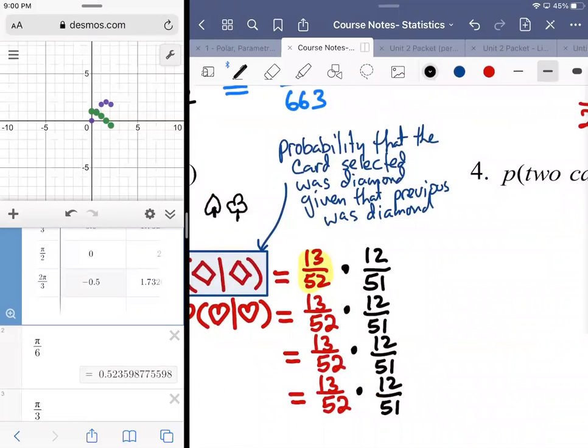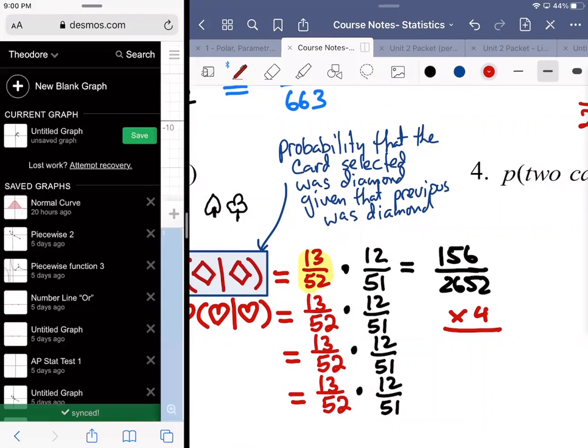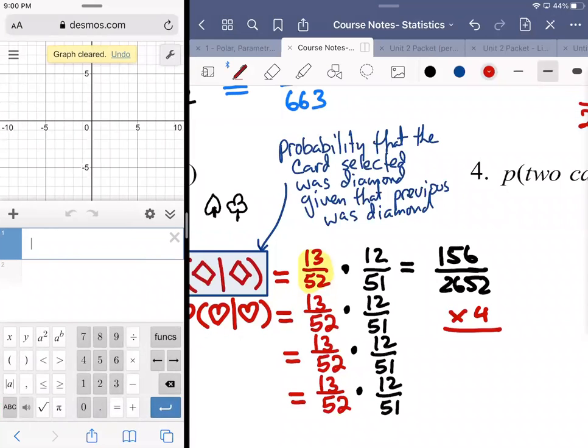Multiplying across the top, we'd be looking at 156 over 2652. And again, there's 4 of them, so I would take that and multiply it by 4. Actually, this is all from last class, I don't even need this. So 13 out of 52 multiplied by 12 out of 51.